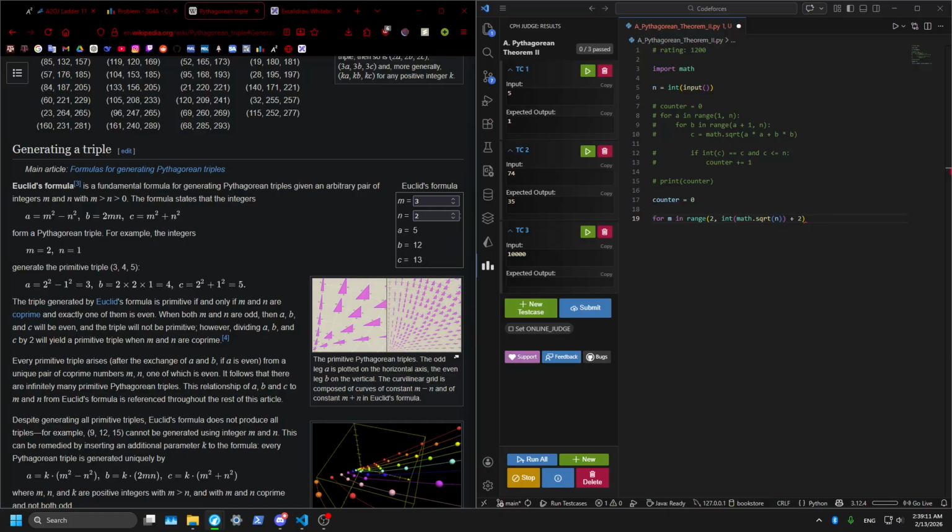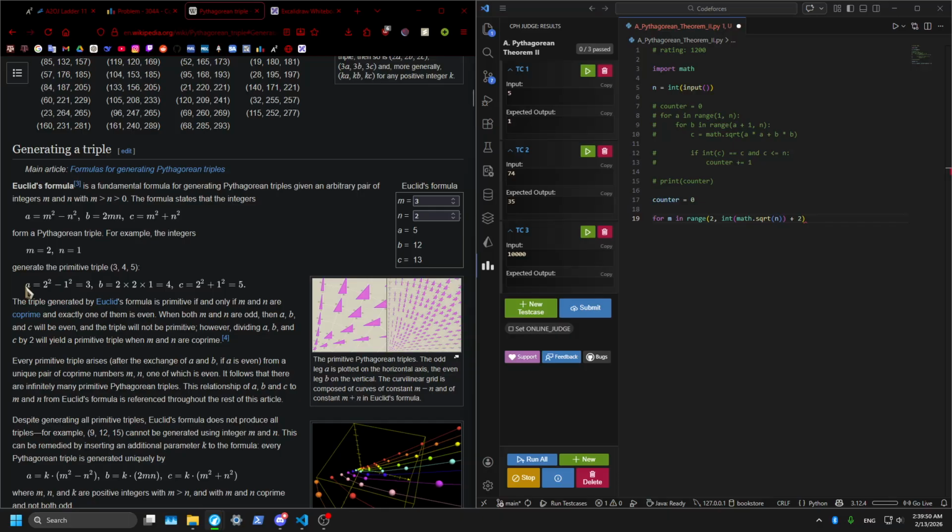Why do we do this part? m only needs to go up to the square root of n since c equals m squared plus k squared. If m squared is greater than n, then c is greater than n, which means no valid triple can exist for that m.